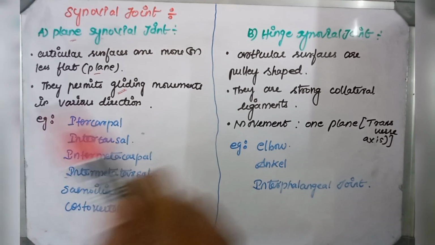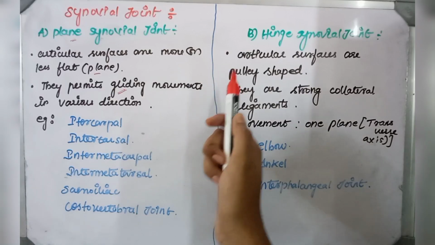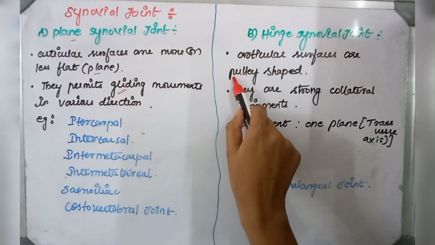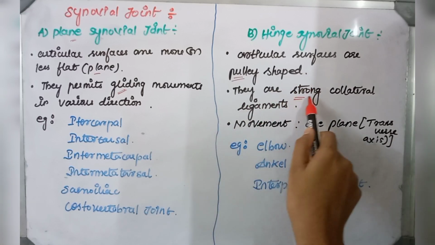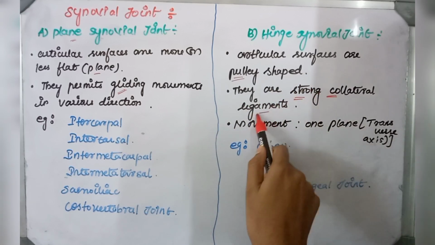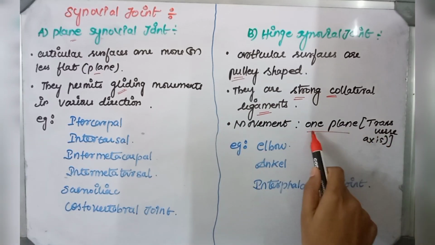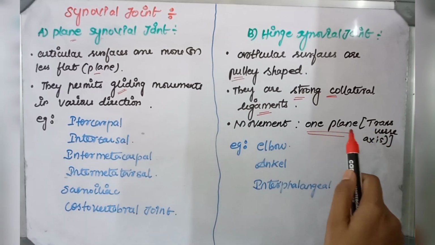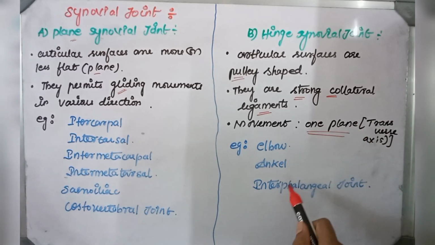The second one is the hinge synovial joint. Here the articular surface is pulley shaped, with strong collateral ligaments. Movement is provided in one plane, that is around the transverse axis. The joints present in areas such as the elbow, ankle and interphalangeal joints.